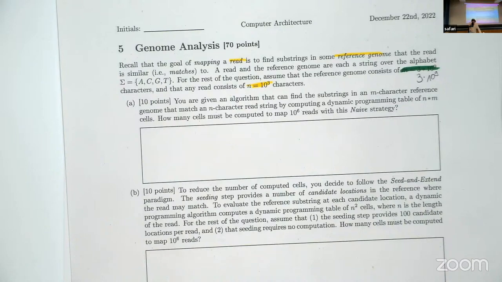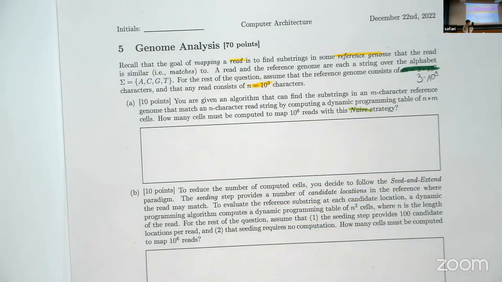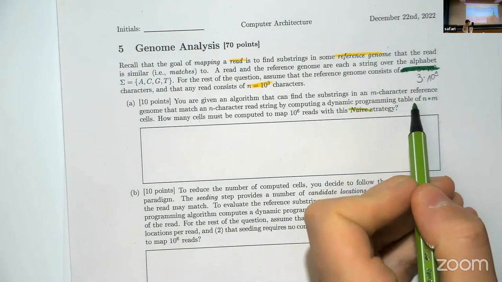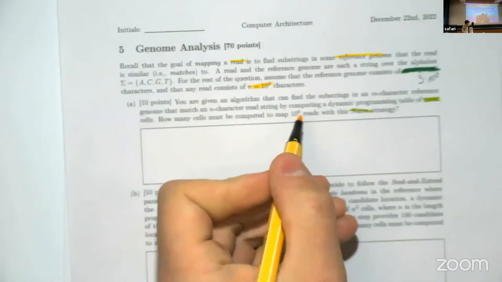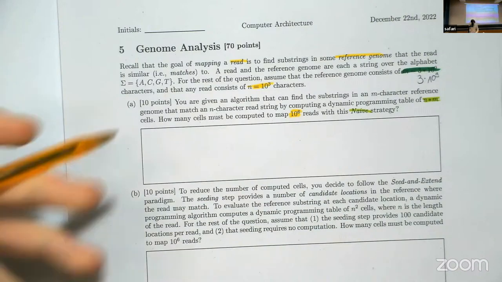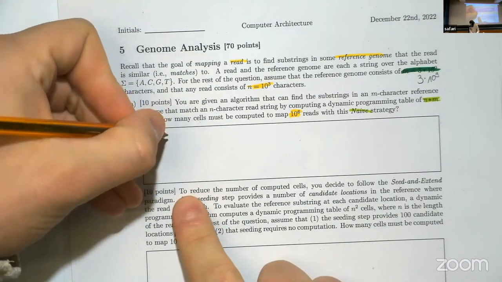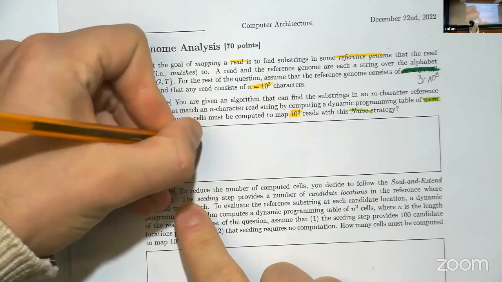First one is the naive strategy. You're given simply a dynamic programming algorithm that can do full computation by computing n times m cells. So for 10 to the 6 reads, that's simply a multiplication: 3 times 10 to the 9 times 10 to the 3.